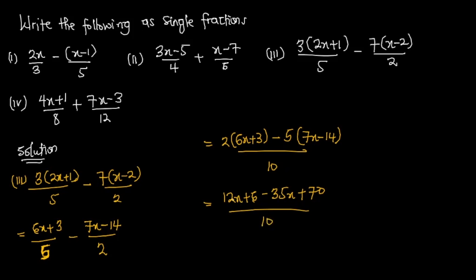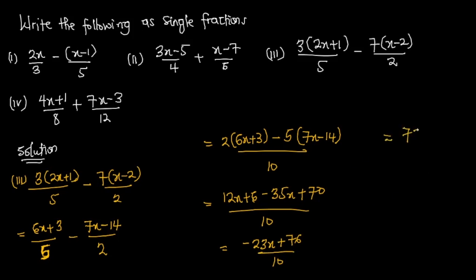Now if you look at it, we have 12x, we have negative 35x. So 12x minus 35x will give us negative 23x, and then I have 6 plus 70, that will give me 76 over 10. Okay, so from here, I can rearrange this so that I have the 76 coming first.